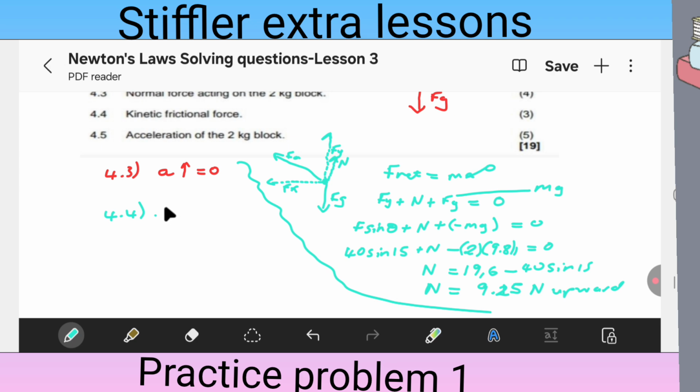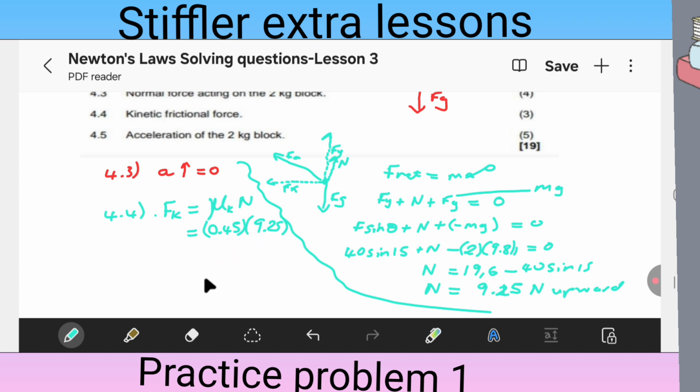So the kinetic frictional force, this is Fk, and this is given by the coefficient of kinetic friction multiplied by the normal force. The coefficient of kinetic friction we were given as 0.45, multiplied by the normal force, which we just found as 9.25 newtons.